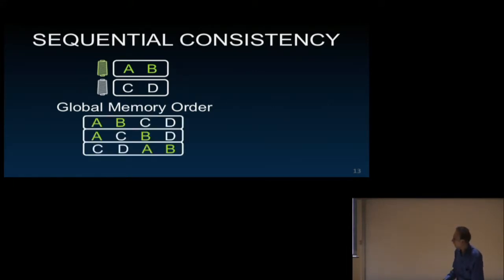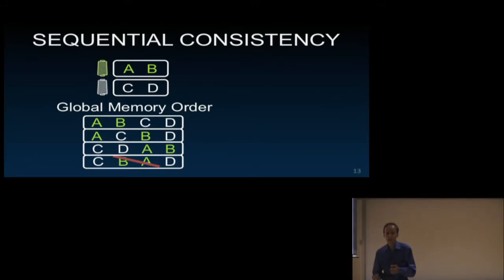You're allowed to have AB followed by CD. You're allowed to have A, C, B, D, which is interleaving. Or you can have CD followed by AB. But you cannot reverse the ordering of instructions inside a particular thread: you can't flip A and B. So that's sequential consistency for you.